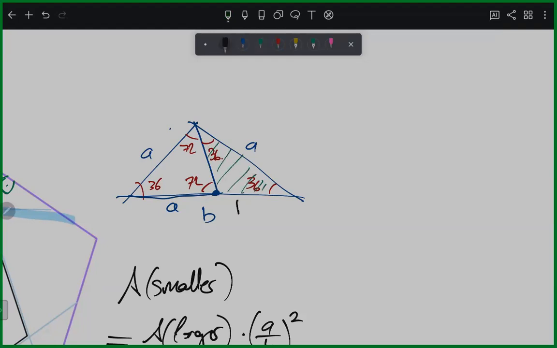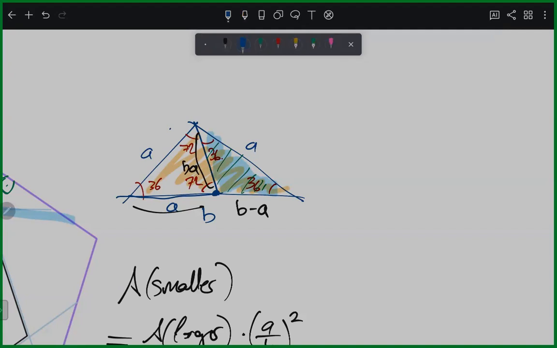So this side is B minus A, because this side is A and the total side is B, and so is this side, B minus A. Now observe that this little triangle here is a 36, 36, 108 triangle. Also, this larger triangle here is a 36, 36, 108 triangle. So those two triangles are similar.